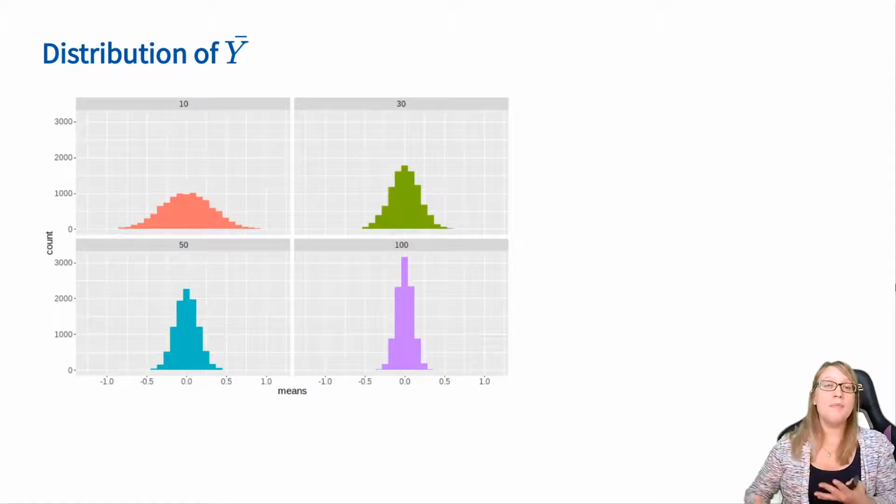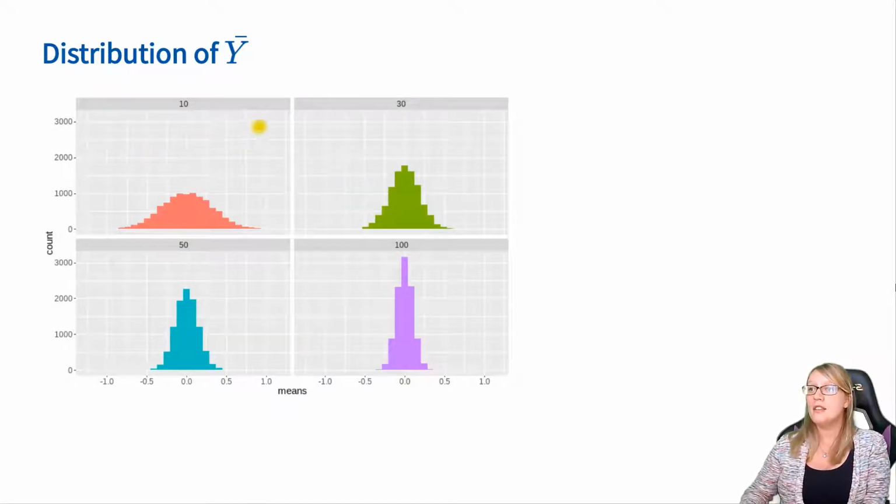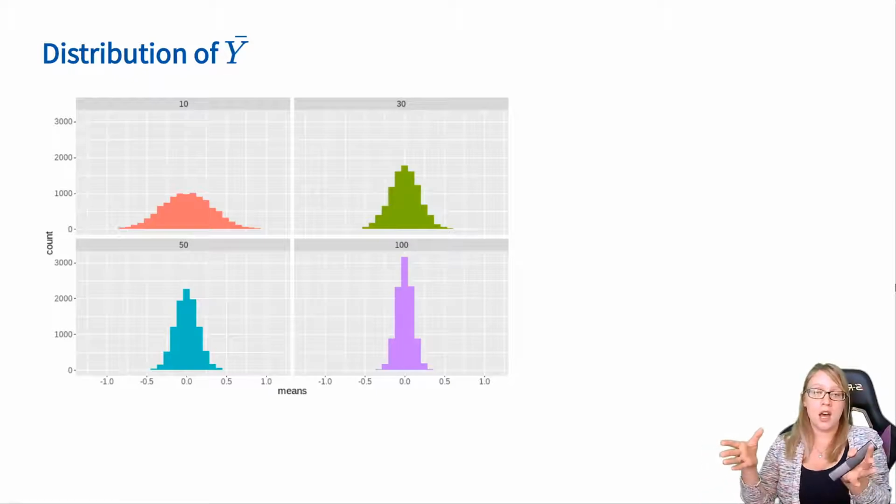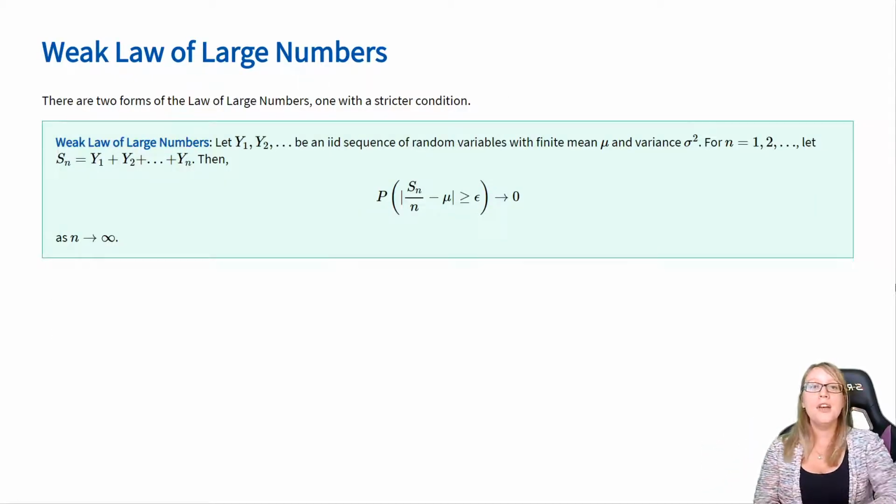Notice what's happening to the variation of the sample mean. As we increase the sample size, these bell curves narrow in. They become more and more narrow. This, in fact, helps us state the law of large numbers, and we'll state it in two ways.